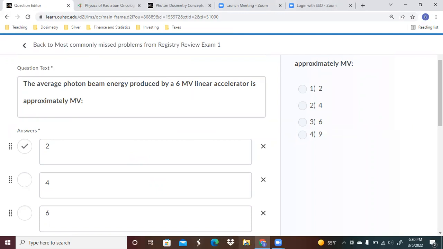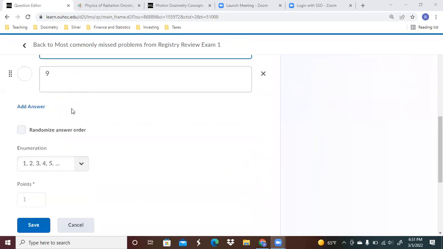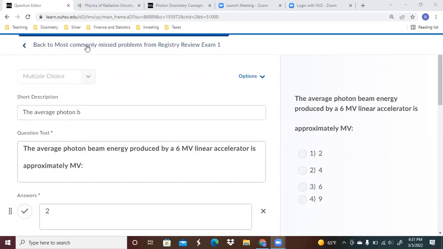So you take 6 and cut it into a third, and the average energy should be this. It should work generally for just about any energy that you put in there. So the correct answer here is going to be 2. Okay, so let's move on to the next question.